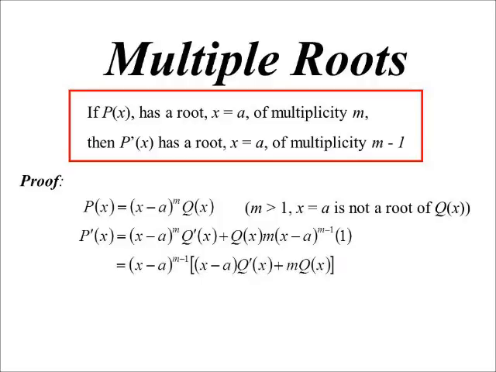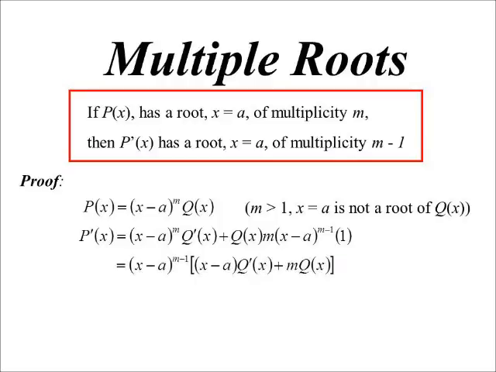Well, obviously I don't know what that is, but it is a polynomial. Because if you differentiate a polynomial, you're going to get a polynomial. So q dash x is a polynomial, (x minus a) times it will still be a polynomial, and m times q(x) will also be a polynomial.